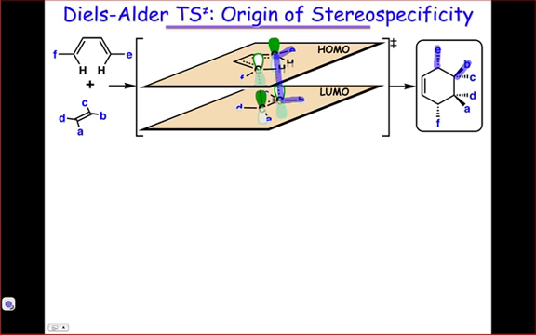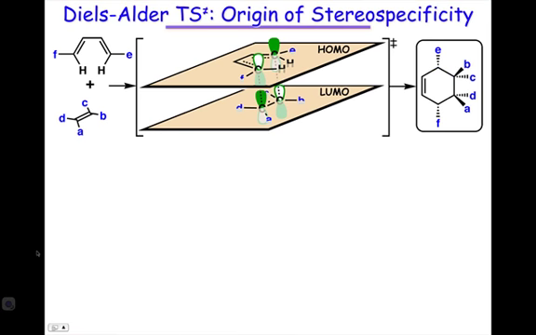Similarly, substituent C is on the same side as substituent E in the diene, and so we see that those two substituents end up cis in the product. This doesn't explain why the dienophile orients itself the way it does. In fact, we'll get to that in a second. But it does show how we can go from the position of the atoms in the transition state to the stereochemistry in the product.